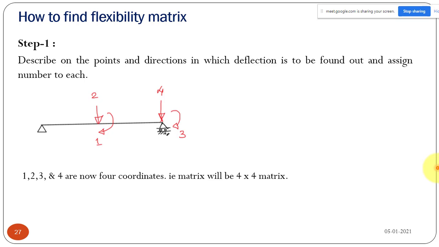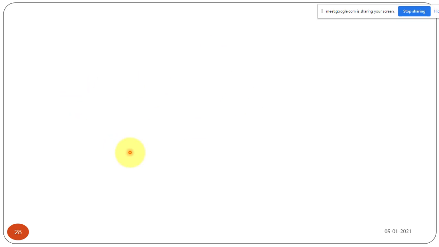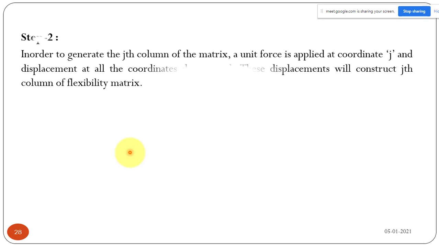Suppose we have a structure like that, a continuous beam. So we have four coordinates 1, 2, 3, 4. In this case, our matrix is going to be a 4 by 4 matrix. Maybe we'll see this type of problem also. In order to generate the jth column of the matrix, a unit force is applied at coordinate j, and displacements at all the coordinates are determined.